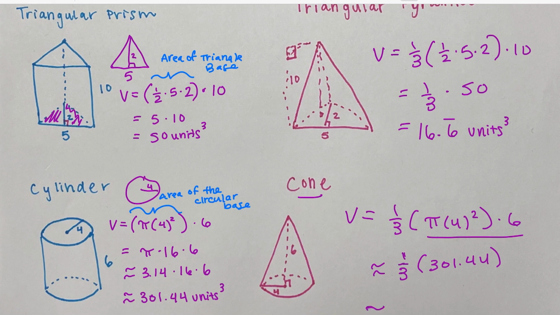Then we divide that by 3. 301.44 divided by 3 is 100.48 units to the 3rd power. So I'm just going to write a quick little reminder here. Remember that multiplying by 1/3 is the same as dividing by 3.